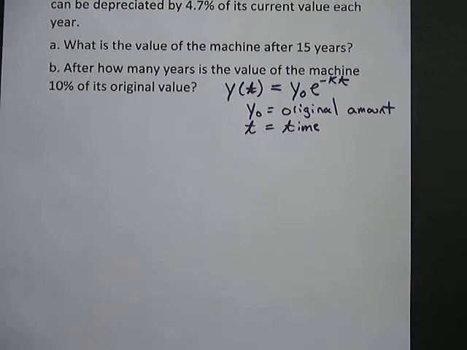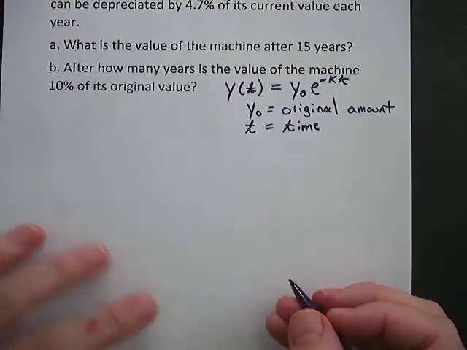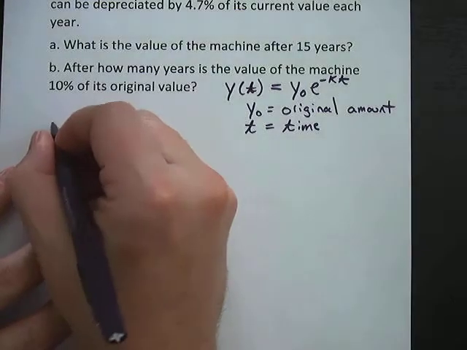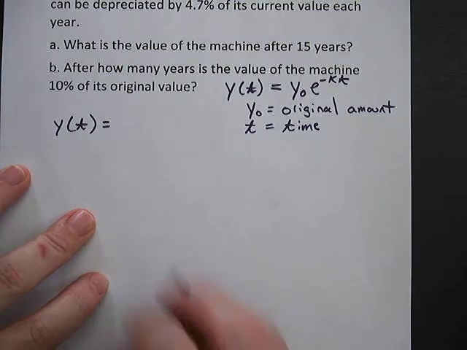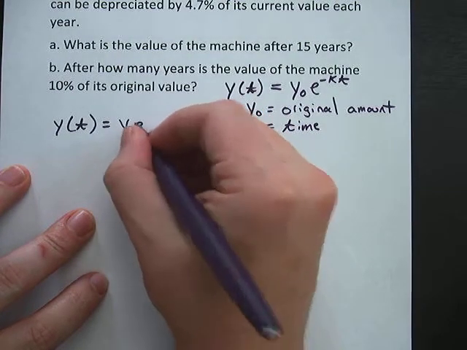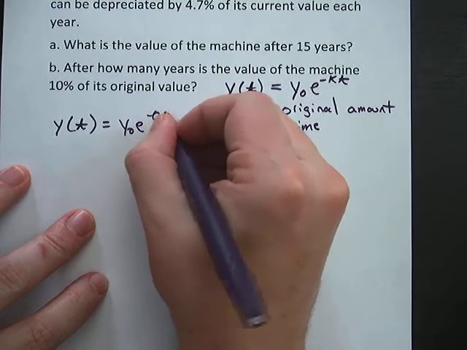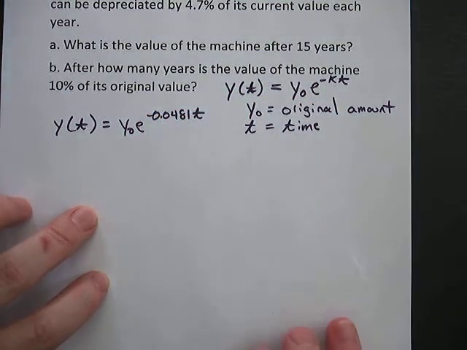So in order to do that, again, we're going to go back to this one here, but we have the correct k, so let me write that right here real quick. It's not on this paper. It's going to be y sub 0 times e to the negative 0.0481 t. Okay, so 10% of the original value.